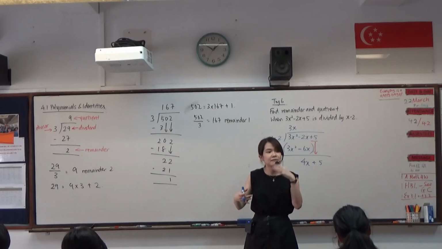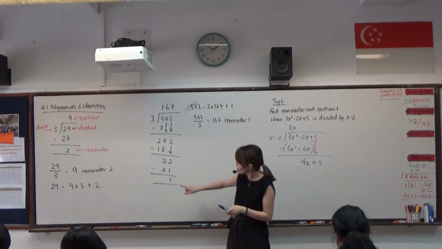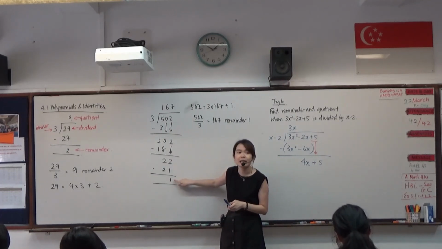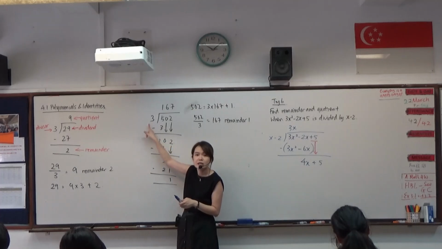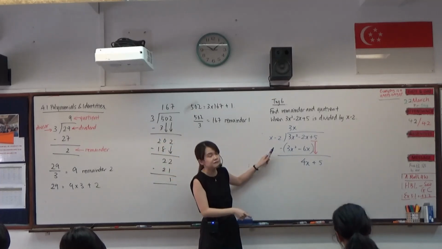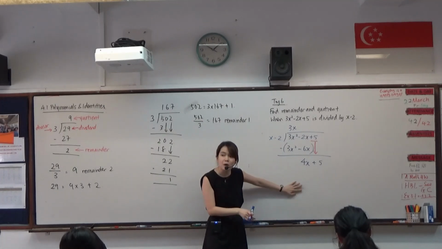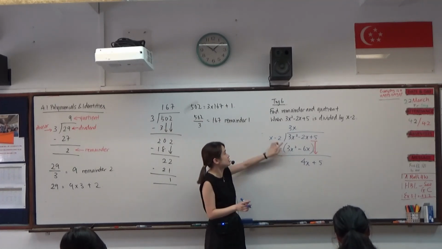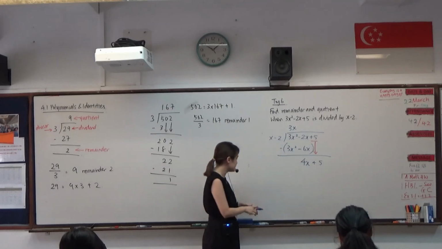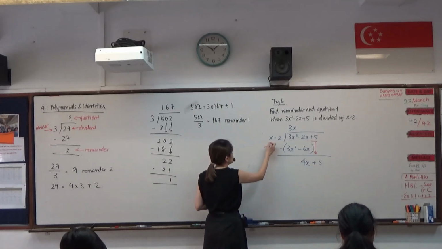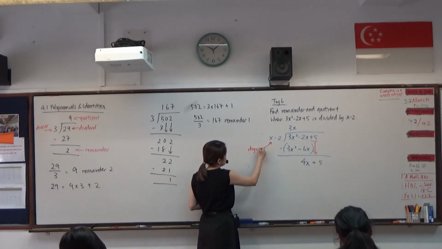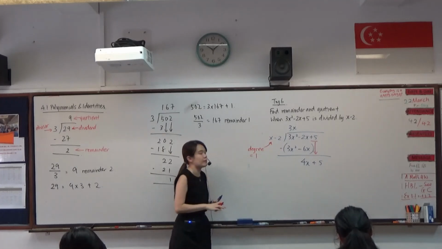If I have number 5, I can still remove sets of 3 out. So I stop my long division when the number over here is smaller than this. For polynomials, I stop when the degree of the polynomial is lesser than the divisor. So this is a degree 1 polynomial, because the highest power is 1.